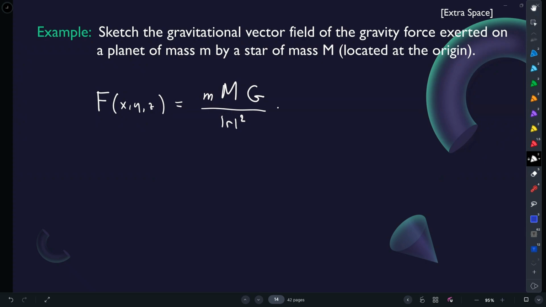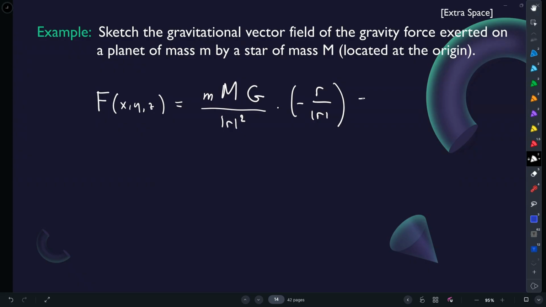This, what I've written so far, is just a number. It's the magnitude, and that's why I'm multiplying by a unit vector. So I have a vector of length 1, and now scale it to the length mMG divided by r squared. Okay? So now I multiply by my unit vector that I found before, like that.